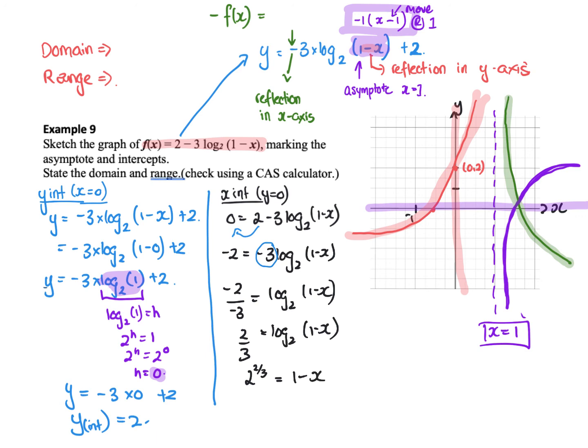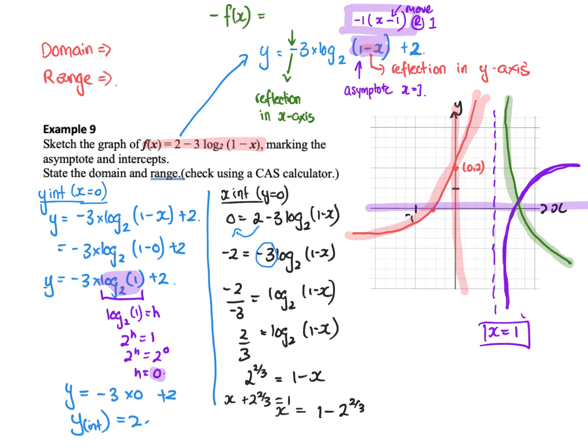And if I kept rearranging, I want x to be positive. So if I brought that x over here, and then if I want to get x by itself, it'll be x equals 1 minus 2 to the power of 2/3.